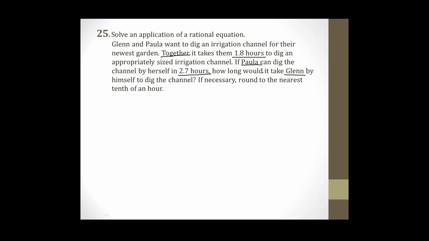If necessary, we have to round, but we can check that at the end. So this is a rational equation application, which should always look something like this. You have the total time together over the part of the first person, and then you have the total time together over the second person.